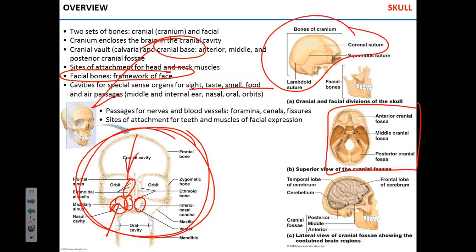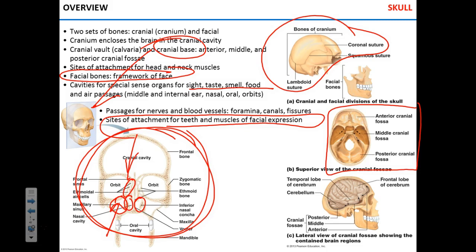The sinuses make your skull lighter, and they also help to resonate the sound of your voice. Facial bones represent the sites for the attachment of teeth and facial expression muscles. If you look at the jaws in the skull, you will notice little projections between the teeth, alveolar processes. So essentially, the teeth sit in between the alveolar processes in the skull.